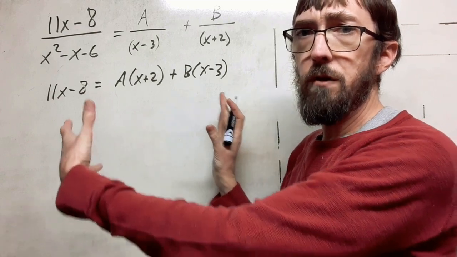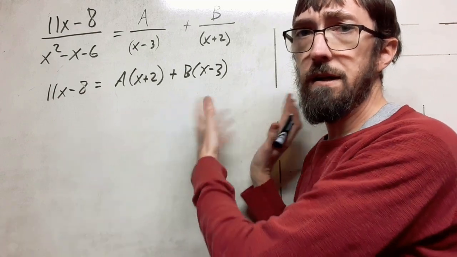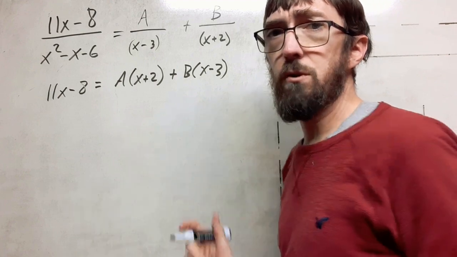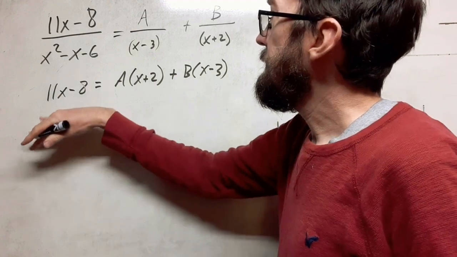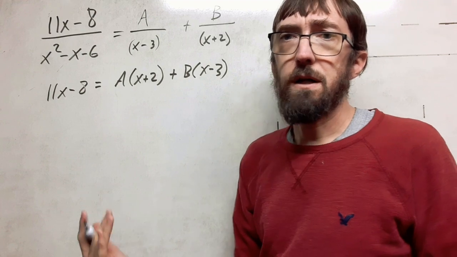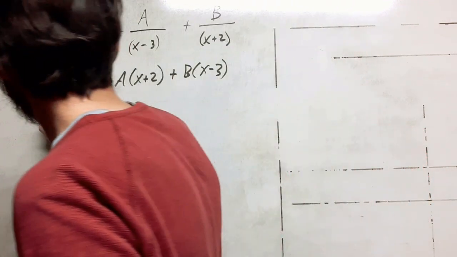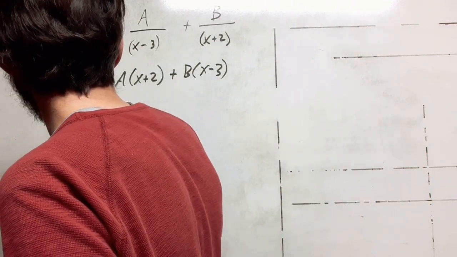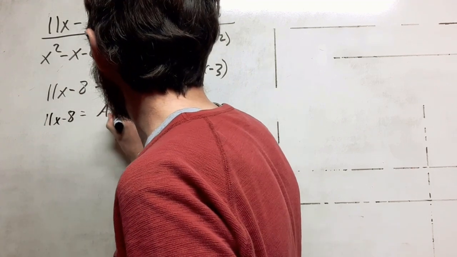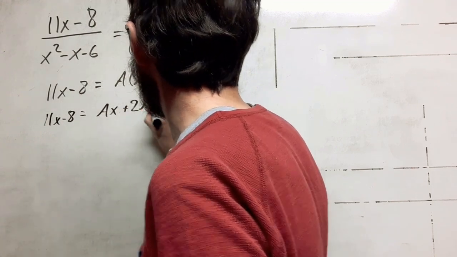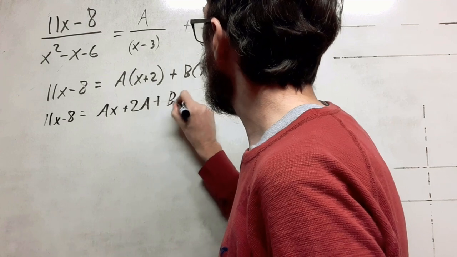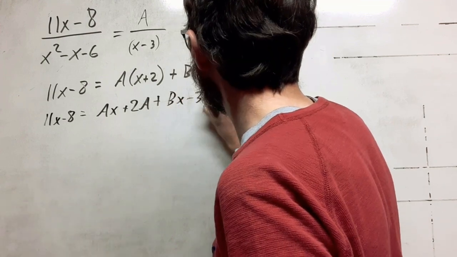We want to bring all of our x's together, and everything that's not an x is going to be scooted over to the side. Again, all equal to the 11x minus 8. So 11x minus 8 is equal to ax plus 2a plus bx minus 3b.